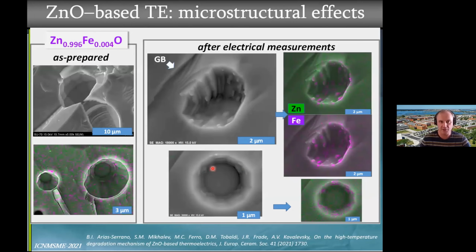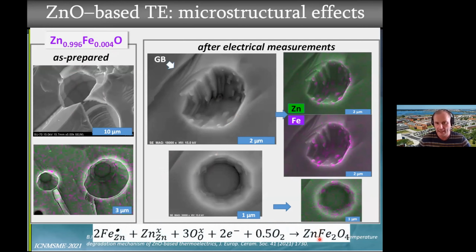And these changes are much better visible in the case of the iron-containing sample, which also showed the highest degradation, as you probably remember. So the sample before is chemically homogeneous, and after the measurement there is a formation of zinc iron spinel, again inside the pores, while the grain boundaries are quite clean. There is no phase impurity segregation at the grain boundaries normally, in most cases.